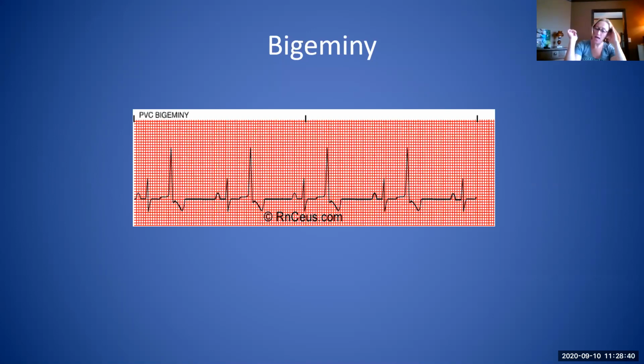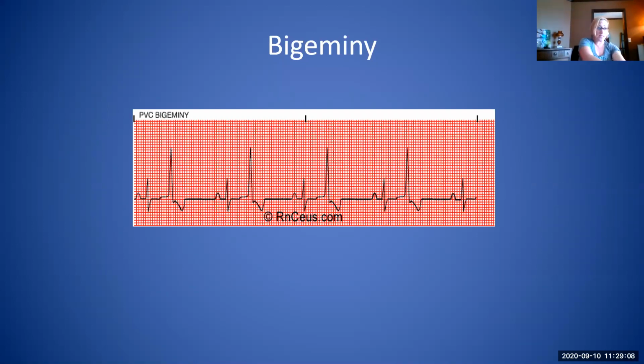Because sometimes the pulse ox may not pick up those beats on the oximeter. So it might say that their heart rate is like 40, when you check a pulse or something else and it's saying that their heart rate is 80. Because it's every other beat, so half the beats sometimes may not be pulsatile. So that could be an indicator that they might be in Bigeminy if they're not on a monitor.